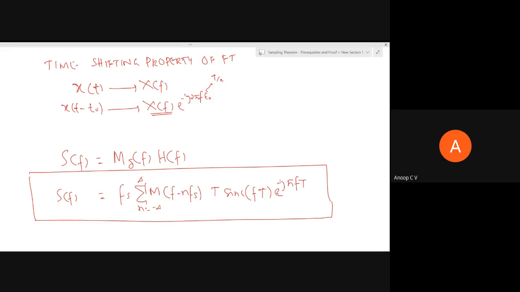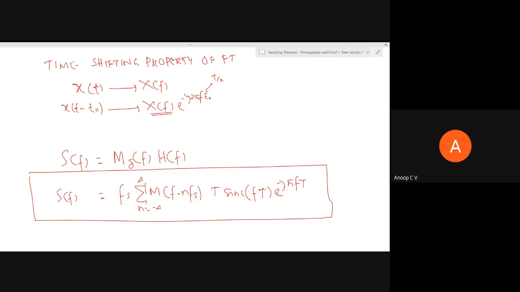Unless you are able to visualize, you won't be able to come up with a solution for the reconstruction problem. I didn't draw the spectrum of S of f yet. Visualizing the spectrum of S of f, reconstruction, and something called the aperture effect and how to overcome it, all those aspects we'll see in the next video.